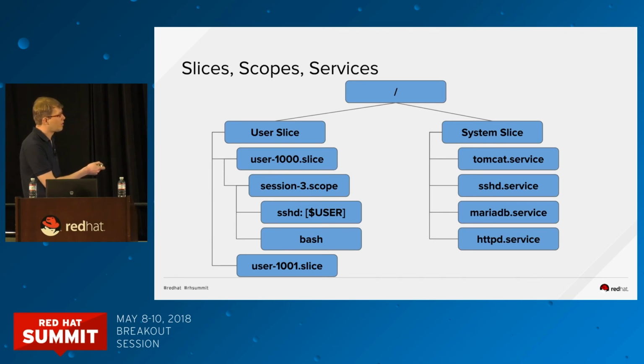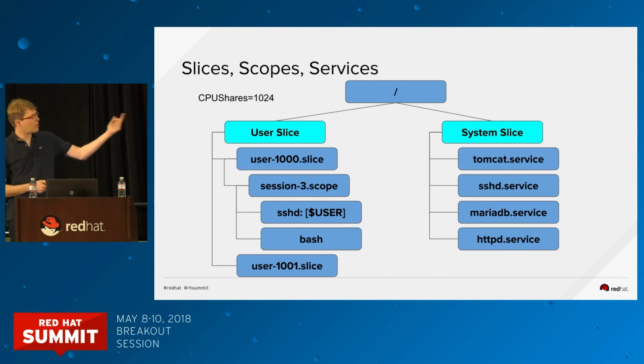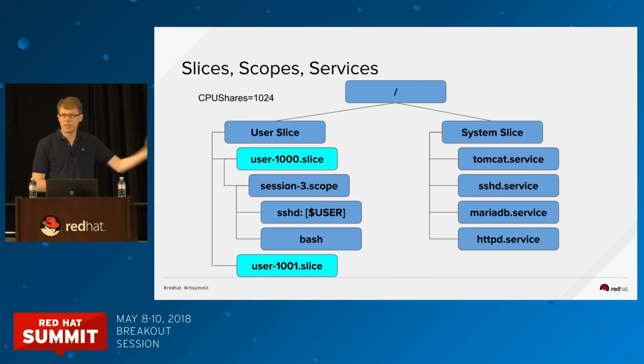And the user slice is then split up into sub-slices, here user 1000, user 1001, which is actually the numeric user ID. So basically, you separate the user stuff from the system stuff, and then for each user you give them a separate slice too for resource management purposes.